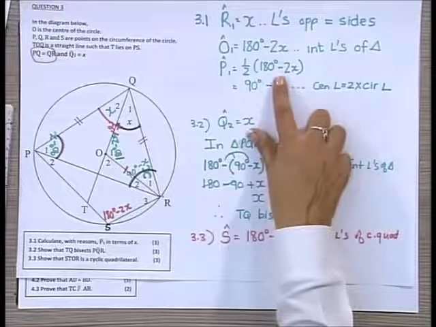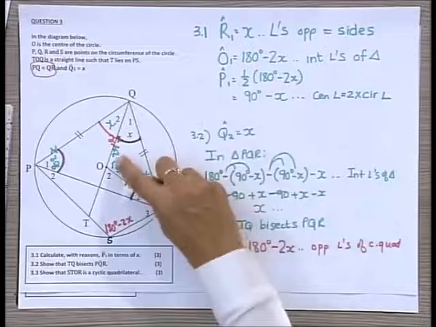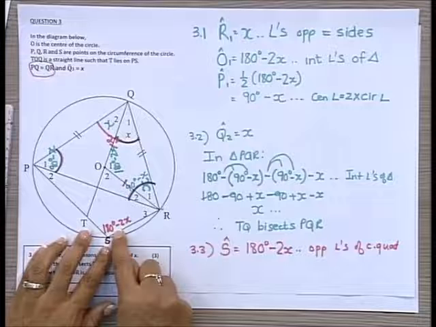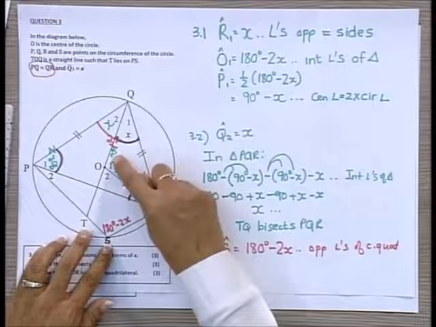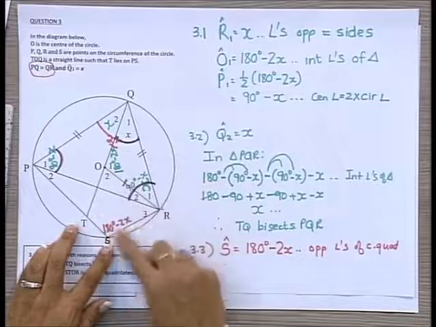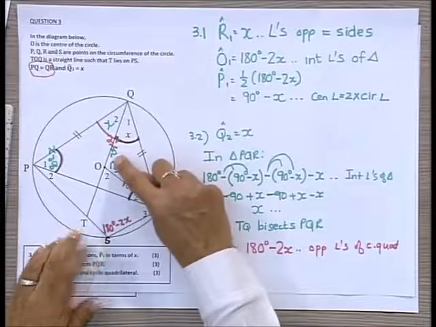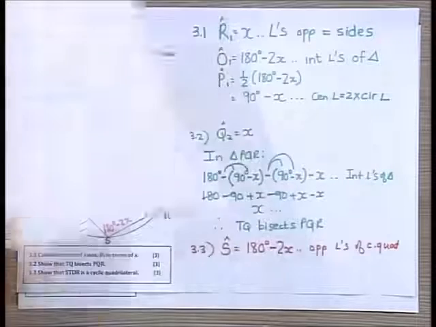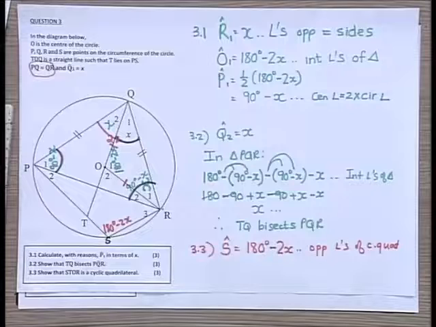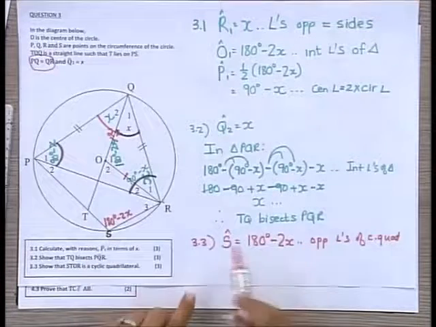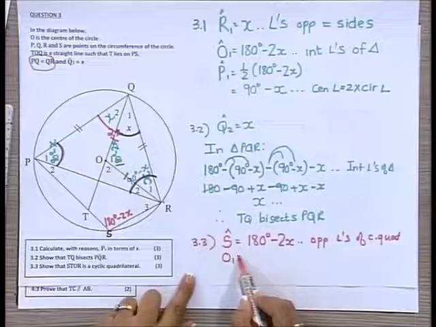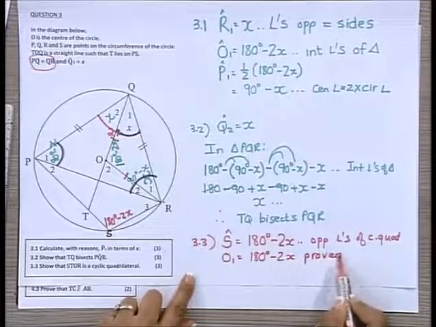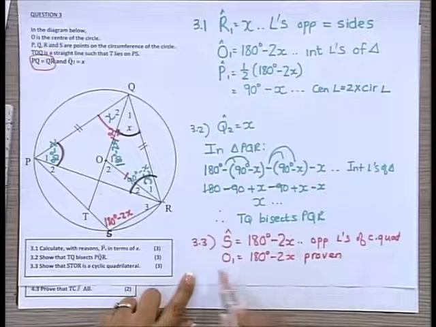Remember in our previous sum there by 3.1, this angle is then 180 minus 2x, and this angle is 180 minus 2x, but this is the exterior angle of this quadrilateral. Can you see? This is the exterior angle of the cyclic quadrilateral. And there I immediately said that O1 is 180 minus 2x. I've proven it already. They are equal to each other because they're the same.